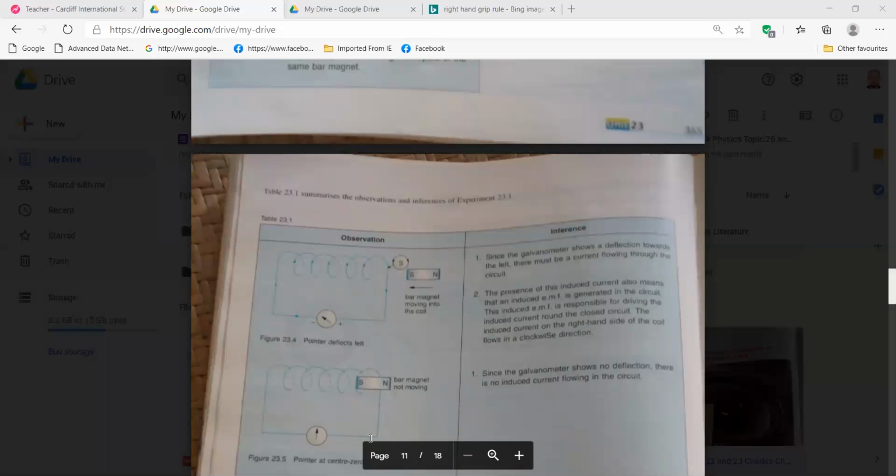Yes, right here. I'm writing Fleming's left hand rule. That is used in the DC motor. We discussed already.